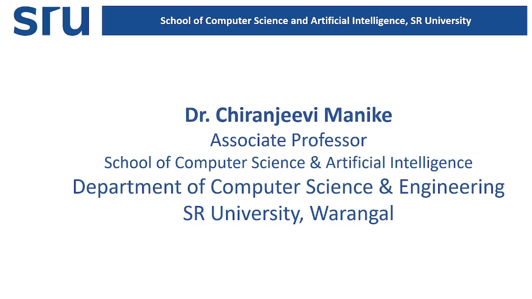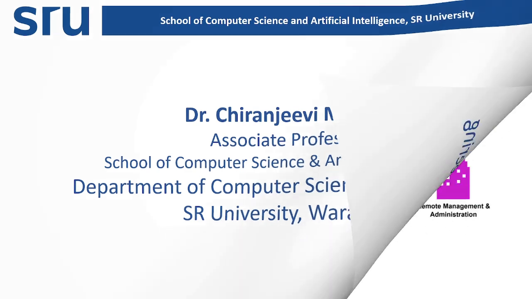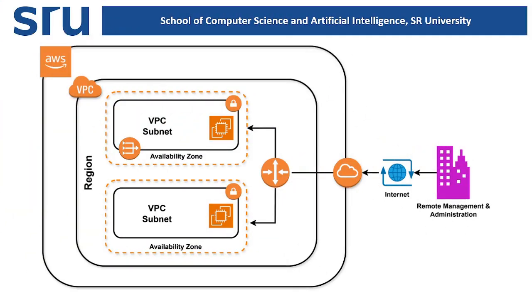Today we are going to dive into one of the most important concepts in cloud computing, Amazon VPC, or Virtual Private Cloud. If you have ever wondered how AWS allows you to create your own private network in the cloud, securely connect resources and control traffic flow, this video is for you.